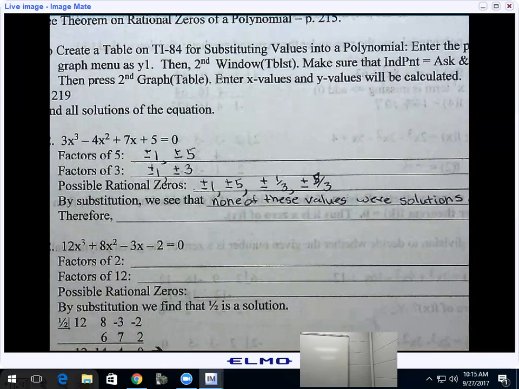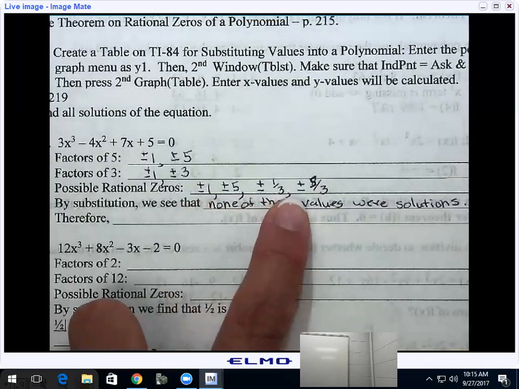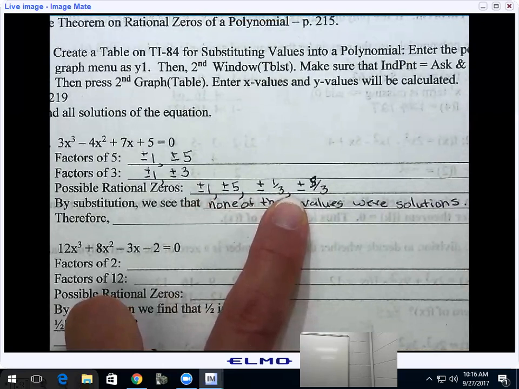But I thought the rational zeros theorem told me one of these had to be a solution. No, that's not what the rational zeros theorem said. The rational zeros theorem said if there is a rational zero, it's going to be one of these numbers. That's all it said.